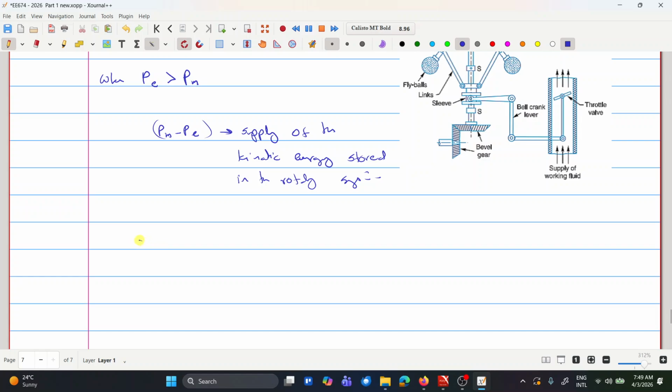When it is supplying this kinetic energy, the energy stored in this system will be reduced. The reduction of the kinetic energy basically slows down the turbine, and hence the generator frequency will drop.